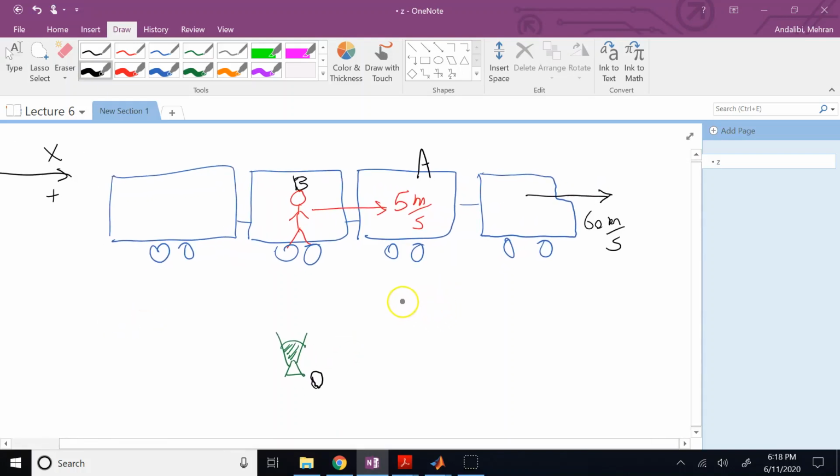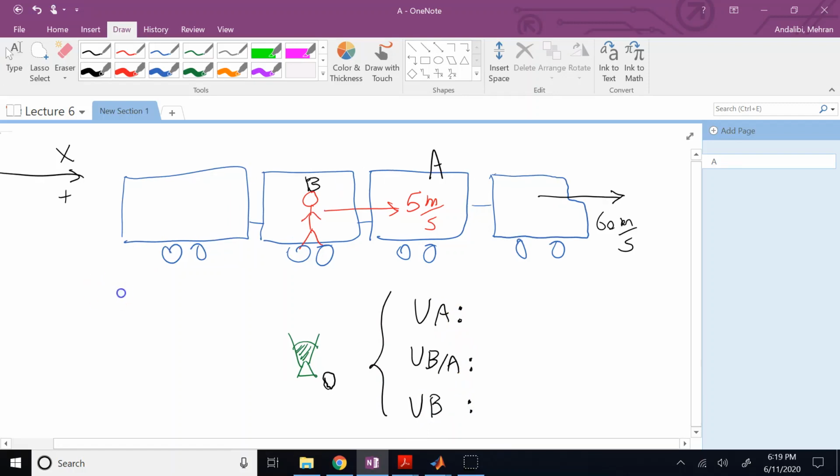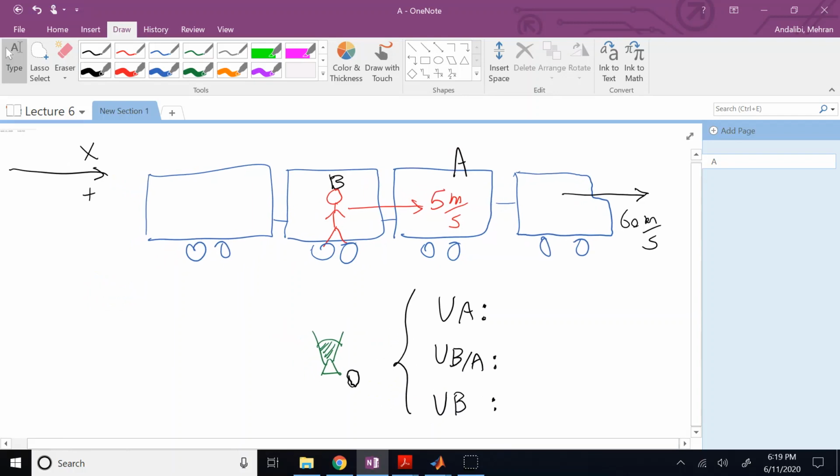Now I say V of A, V of B with respect to A, and V of B. What's the meaning of them and how much is each one of these, measured compared to the x-axis, which is positive moving on the right hand side? So what is V of A?